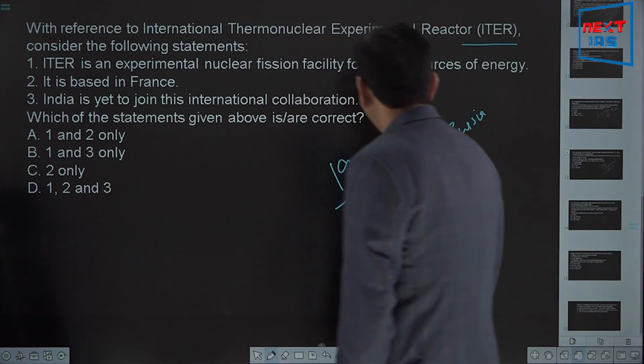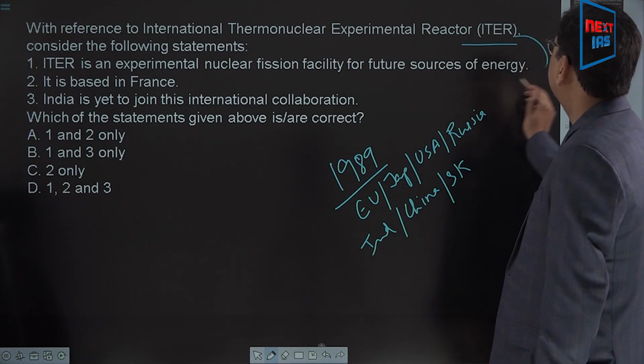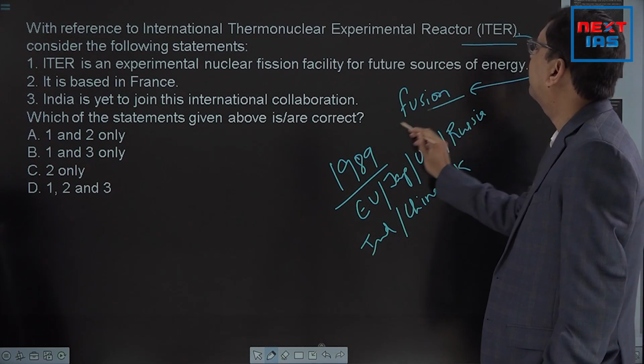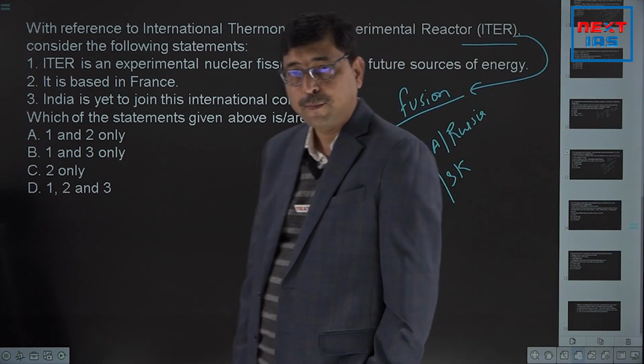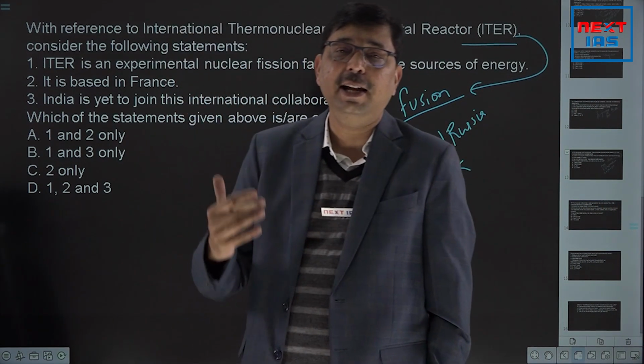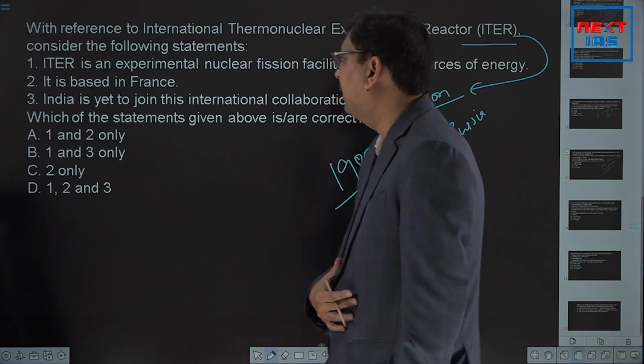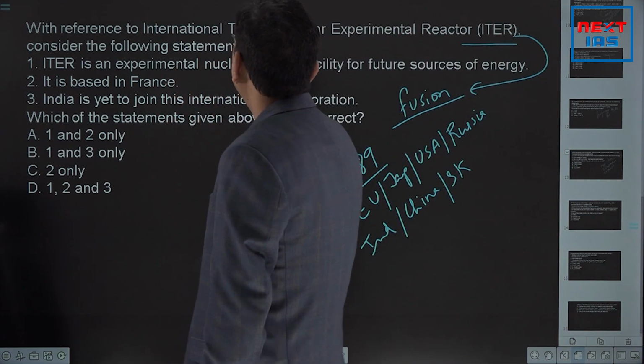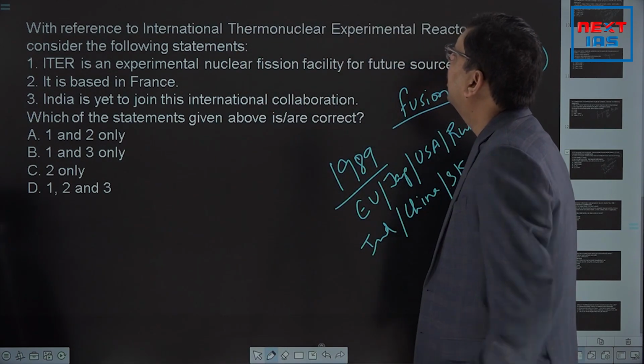ITER is based on the concept of fusion, not fission. Fusion is where the lighter elements combine to form heavier nuclei and produce a lot of energy. So the statement that it is an experimental nuclear fission facility is incorrect.